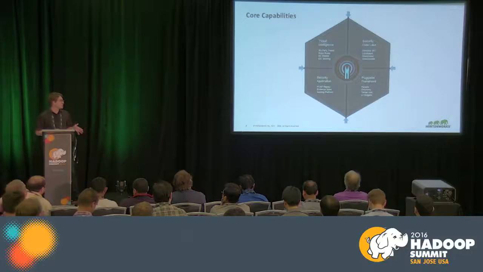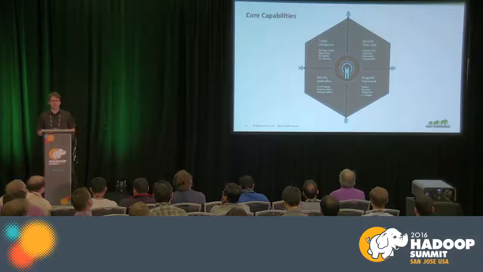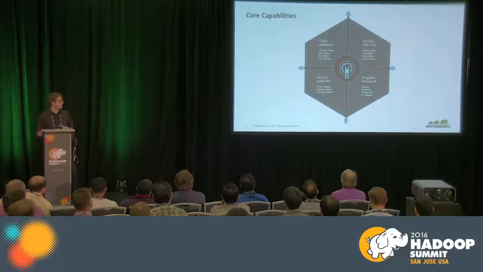So Metron's core capabilities fall into four buckets. We're not going to spend a huge amount of time on these, but I want everybody to be a little bit in the know. When I was alluding to the data scientists looking through historical data to build models, there's a lot of talk about security data lakes or security data vaults.